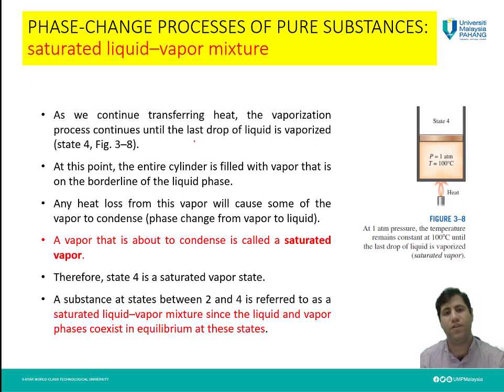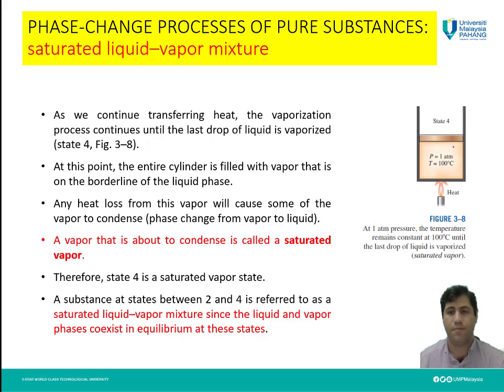As we continue transferring heat, the vaporization process continues until the last drop of liquid vaporizes. Then we have only vapor inside the cylinder. At this point, the entire cylinder is filled with the vapor. Any heat loss from this vapor will cause some of the vapor to condense, a phase change from gas to liquid. Vapor that is about to condense is called saturated vapor, like what we have here.